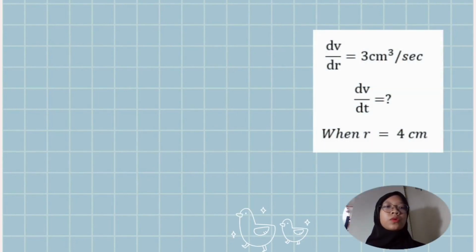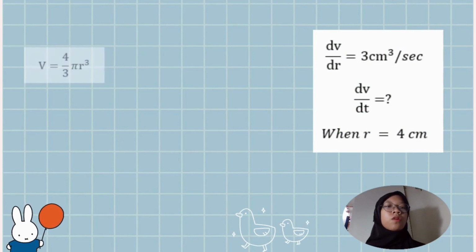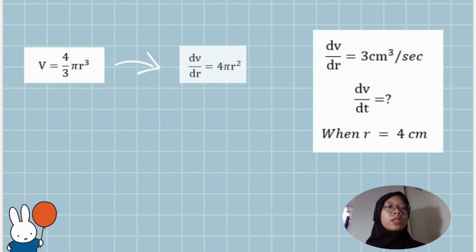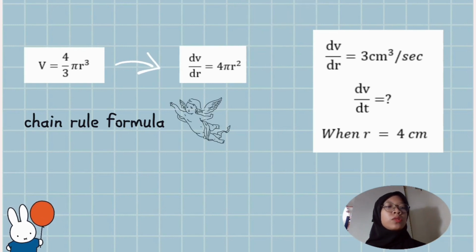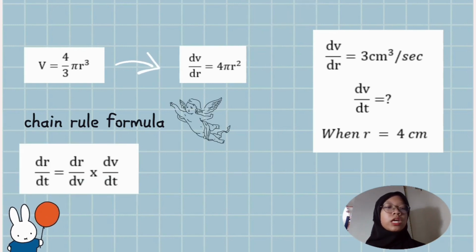First thing first, we need to know the volume of a sphere. The volume of a sphere is 4 over 3 pi r cube. After that, we need to differentiate this formula and then we will get dV over dr equal to 4 pi r square. Then, the next step is we need to calculate the value of dr over dt by using the chain rule formula, which is dr over dt equal to dr over dV times dV over dt.